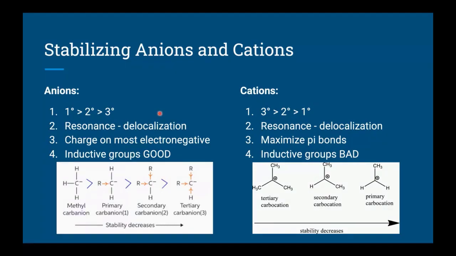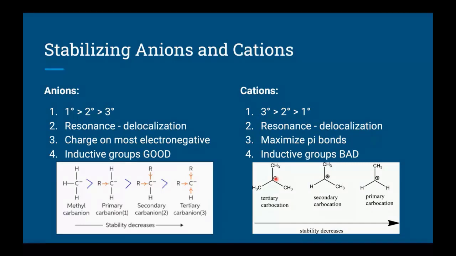And you should really notice that, because on the other hand, when you look at cations, it's the opposite. They want to be in a more stable position where these methyl groups act as electron donors, and they are able to stabilize that positive charge more and make that central carbon atom closer to 0 in terms of formal charge.